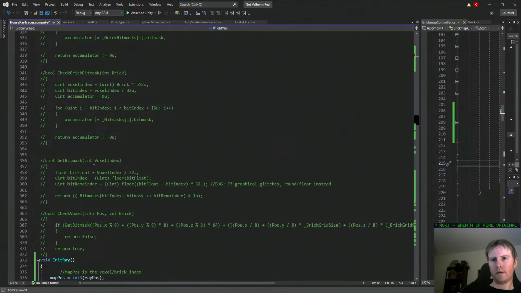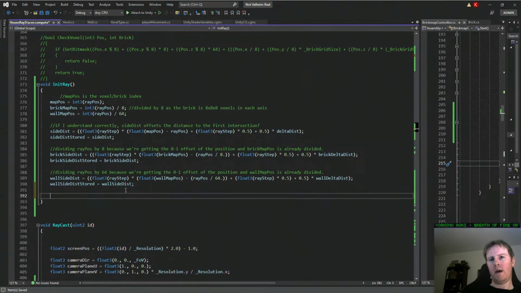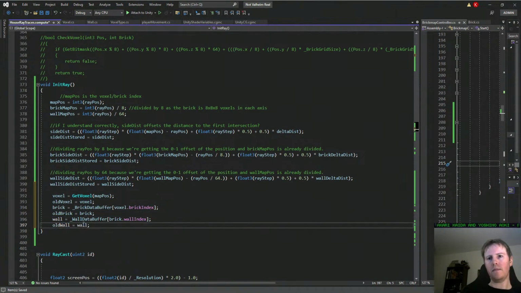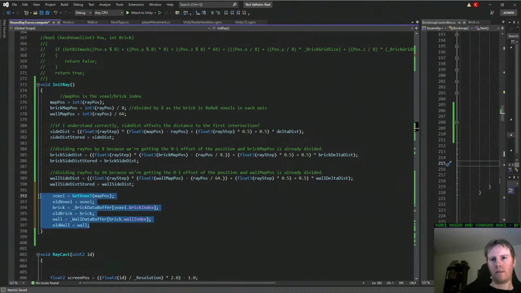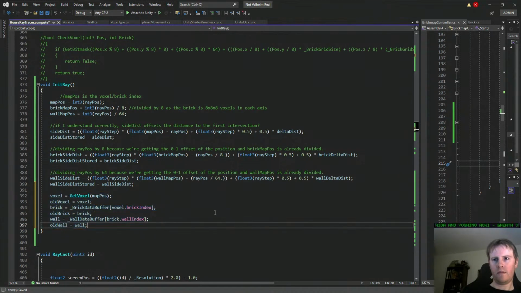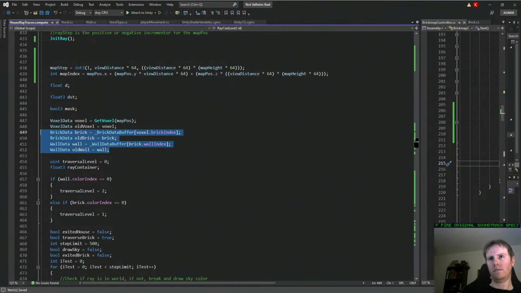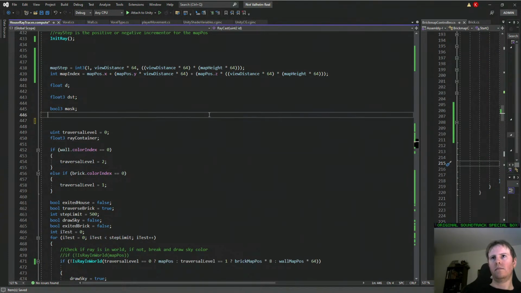Then we do init ray, and in init ray we do this.